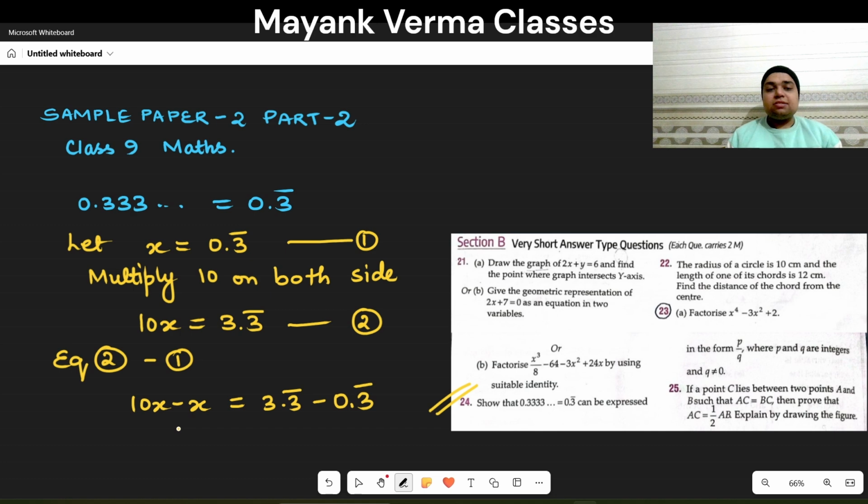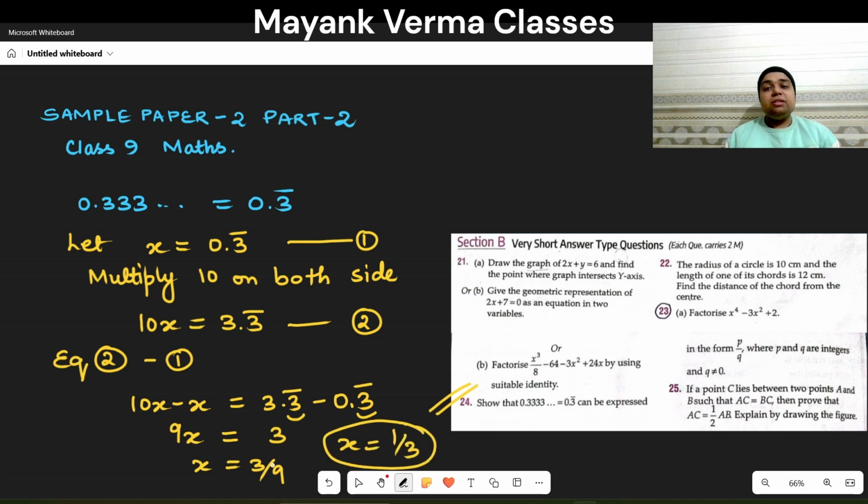Now 10x minus x will be 9x, and 3.3 bar minus 0.3 bar will be 3 only, because the part after the decimal point will get cancelled out itself. So I will get x equal to 3 by 9 and x will be equal to 1 by 3. Alright, so this will be the p by q form of it. Let's see the next question.